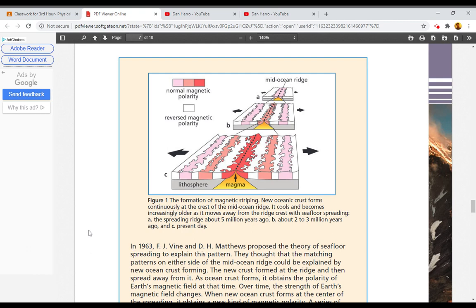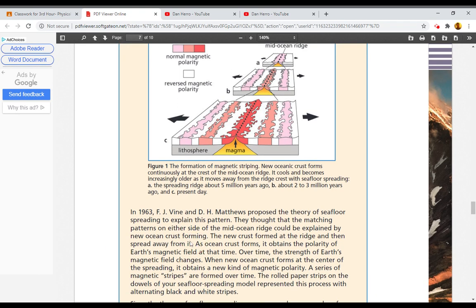In 1963, F.J. Vine and D.H. Matthews proposed the theory of seafloor spreading to explain this pattern. They thought that the matching patterns on either side of the mid-ocean ridge could be explained by new ocean crust forming. The new crust formed at the ridge and then spread away from it. As ocean crust forms, it obtains the polarity of Earth's magnetic field at that time.